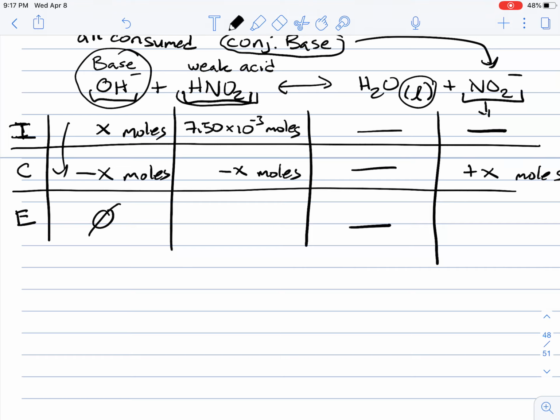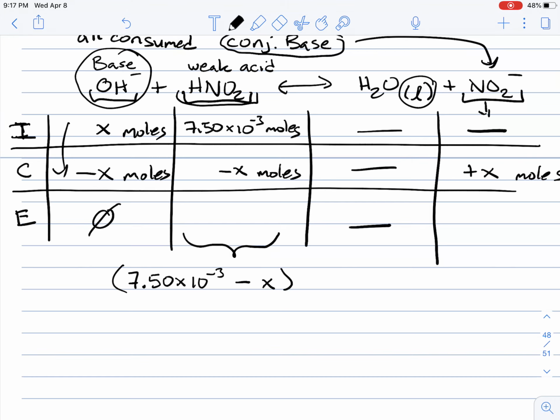In the equilibrium part for the weak acid, I don't think I created enough space for this, but it's 7.50 times 10 to the negative 3 minus x.